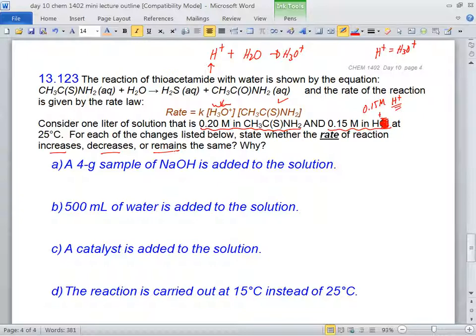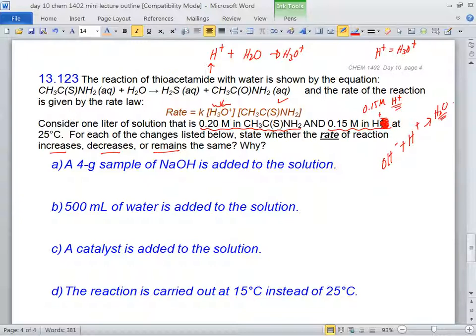First guess, I would say no, but then you've got to look at it more. It will. Steph? Yes, the OH is going to neutralize the H, right? Because remember, hydroxide and H plus make water. A base and an acid make water.